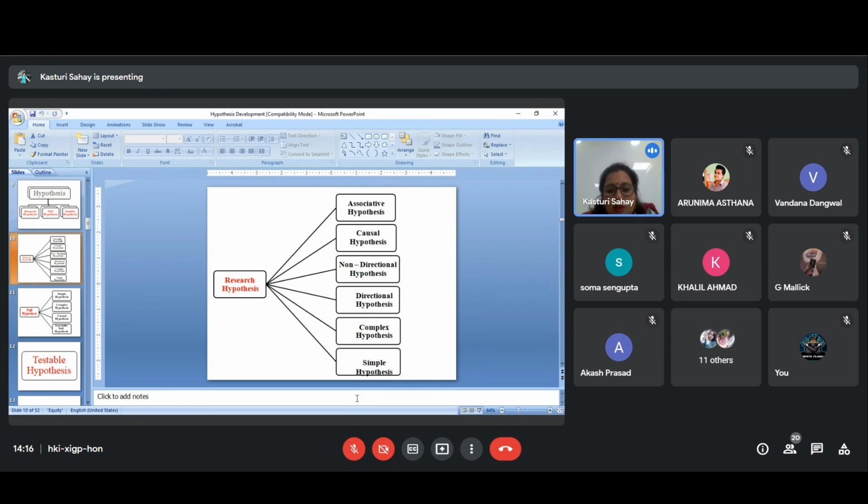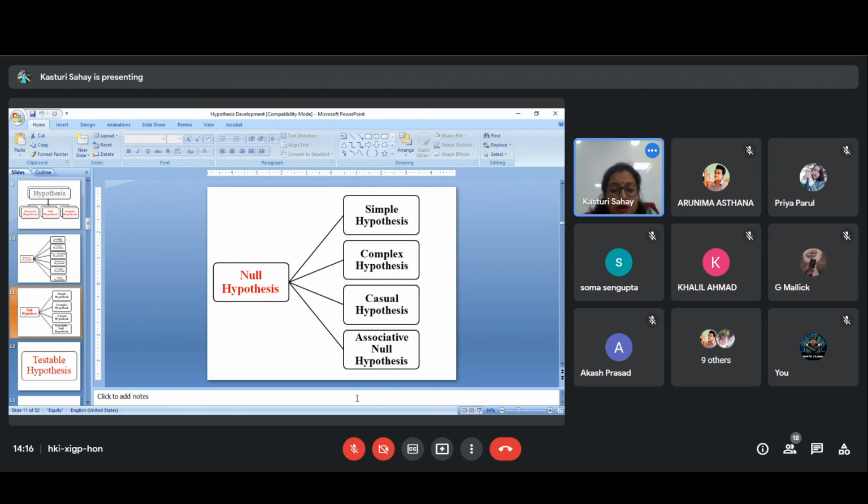And while defining a hypothesis, which type of hypothesis will you like to define? Will it be a simple one, a complex one, a directional one, a non-directional one, a causal one, or an associative one? So hypothesis, the first type is research hypothesis, and under research hypothesis, you have these 6 types of hypothesis.